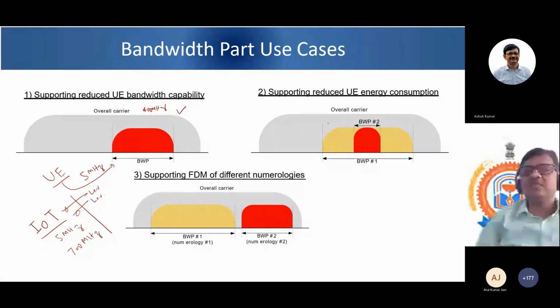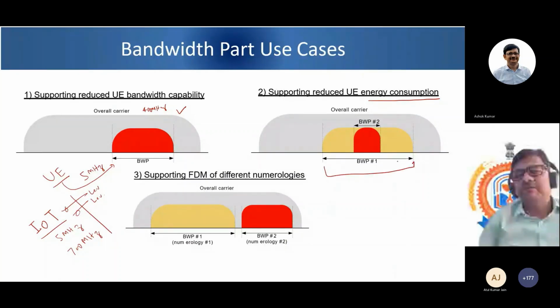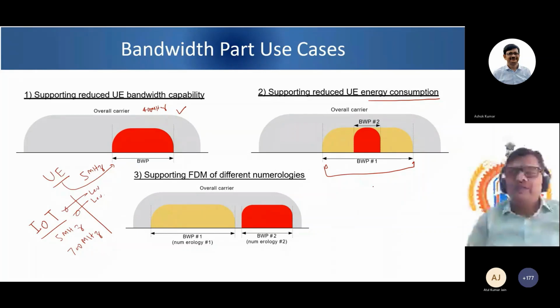Second use case is about energy consumption. Suppose your device is supporting this much channel bandwidth, right? But when you're just doing internet browsing, you don't need this much. So a smaller bandwidth part, bandwidth part 2 which is a subset of bandwidth part 1, I can use when I'm just browsing.